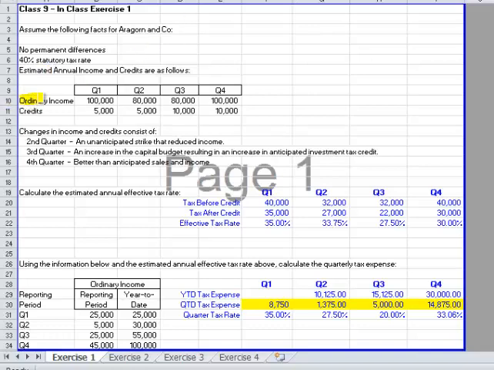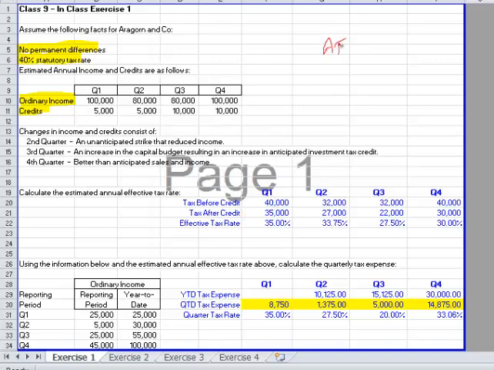We want to know, what's our income going to be? We know what the tax rate is, and we've said no perm differences to make it easier. But we do have a credit, like let's say it's an R&D credit. So when we get to Q1 and we're trying to forecast, what's our annual provision going to be?